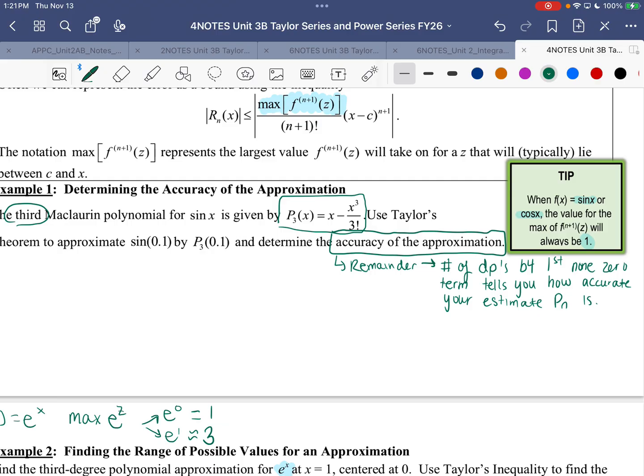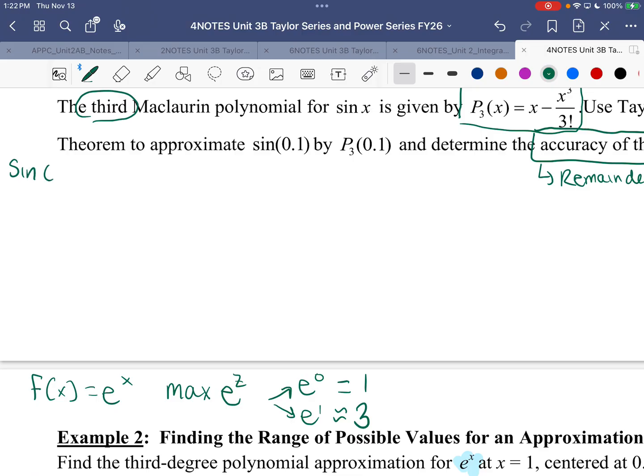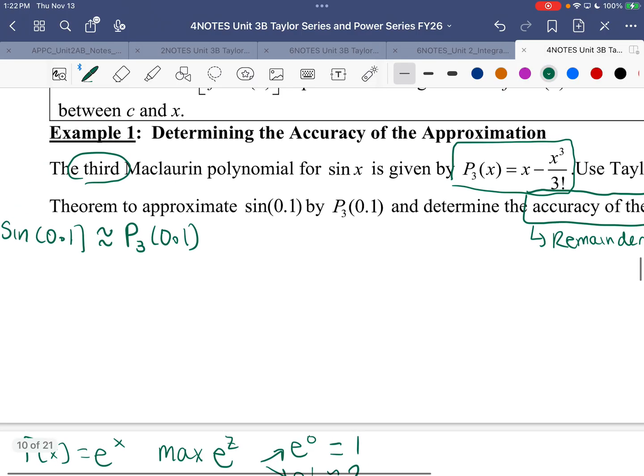Okay, so we're saying sine at 0.1 is about equal to P3 at 0.1. And P3 is that polynomial.